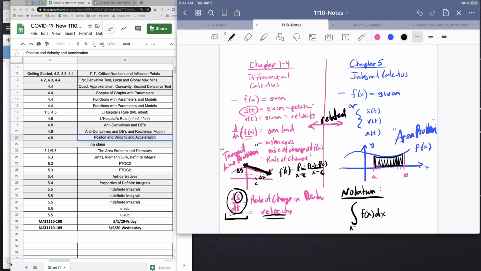And we'll be integrating from x equals a to x equals b, and this is our notation, and we will find that this is the area of the function f of x from x equals a to x equals b.